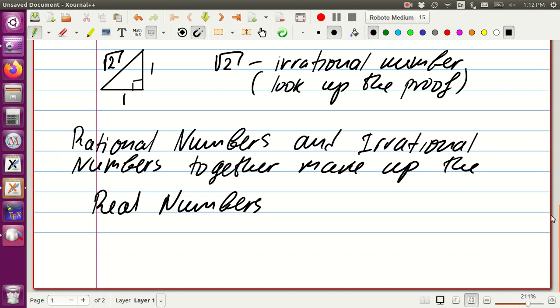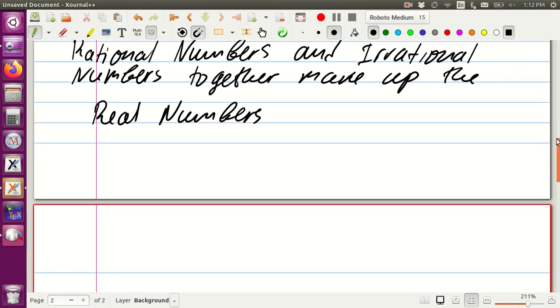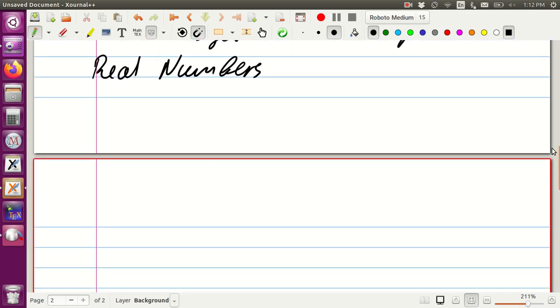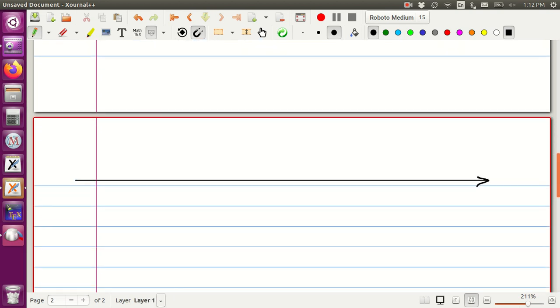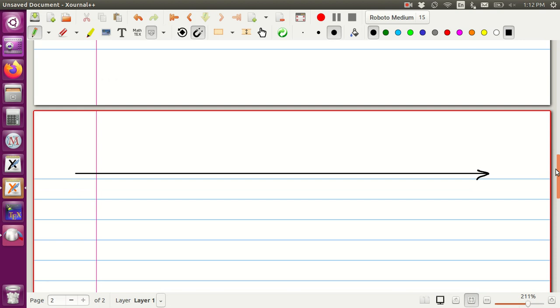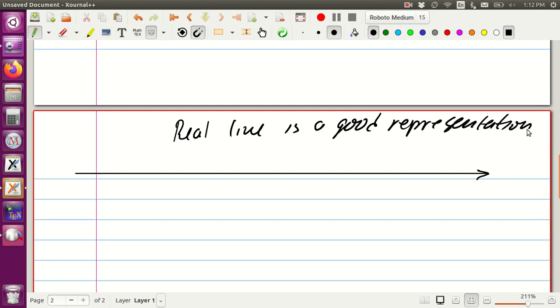So knowing this, what can we do with the real numbers? It is useful to represent real numbers by a line. We can create a line like this, and we can represent real numbers by this real line. So the real line is a good representation of real numbers.